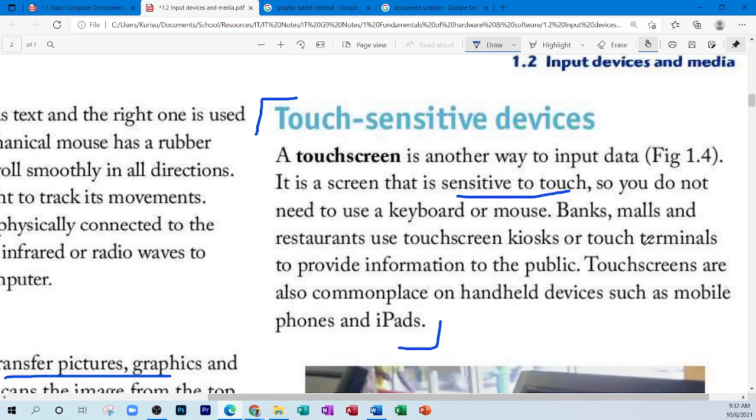Kiosks. Kiosks or touch terminals to provide information to the public. Touchscreens are also commonplace on handheld devices such as a mobile phone and iPads. Good. Let's see. Handheld devices. Good.